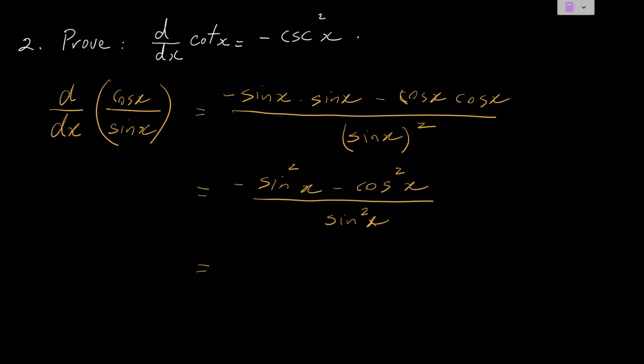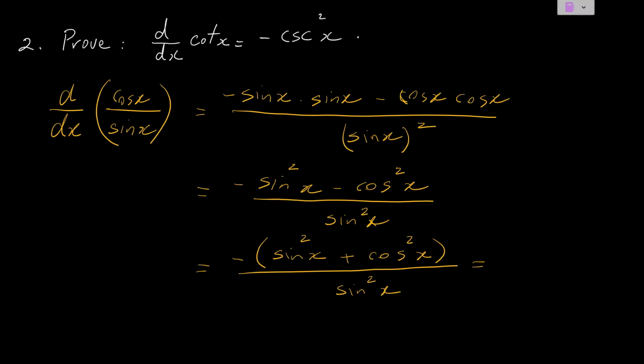Very good. Now, let's take out -1. We're going to factor -1 out of the numerator. That is sine squared x plus cos squared x, all over sine squared x.